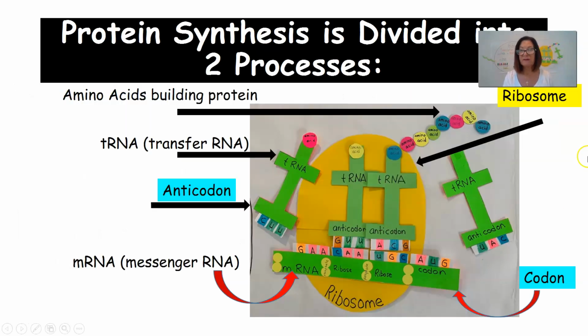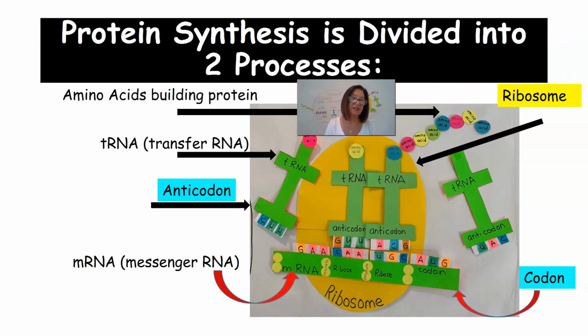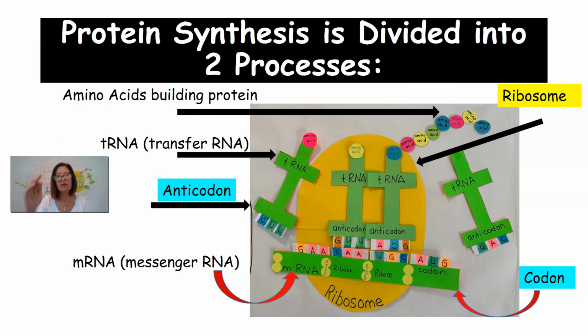Here's a picture of this, and I'm going to go more in detail with you in a separate video of this model. But we can see the amino acids building protein.